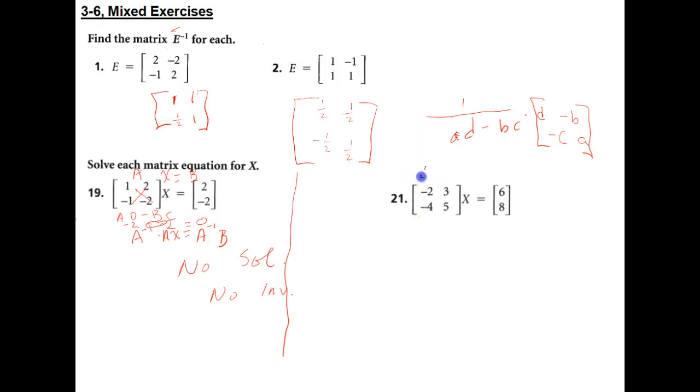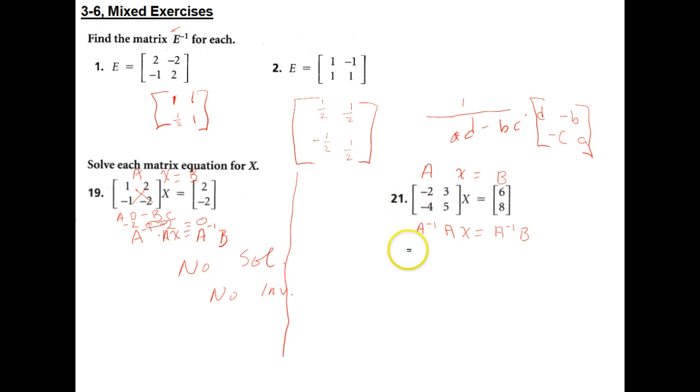For those of you struggling getting started, remember this is A times X equals B. To solve it, you have to find the inverse of A, if it exists, multiply that by A to get your identity, which will mean you'll be left with 1x. And then you'll have to multiply B by the inverse of A as well. So first step is to find that inverse. Is it possible here? Yes, it is.